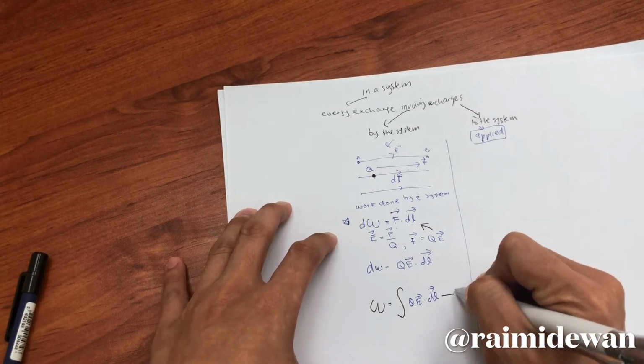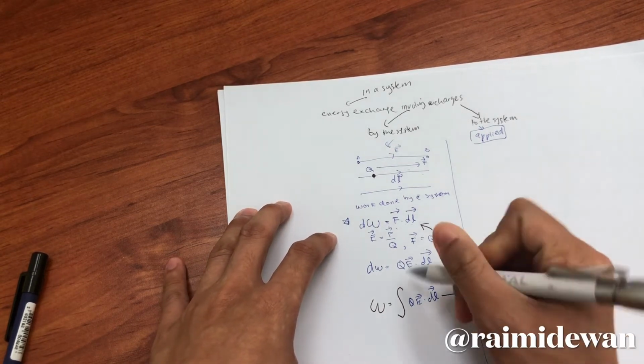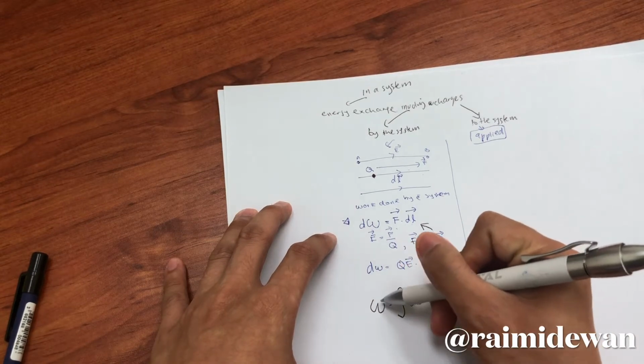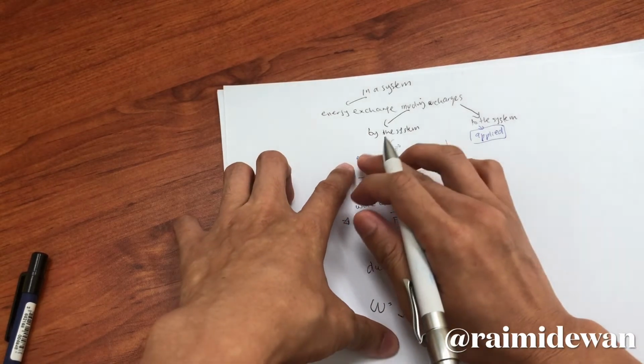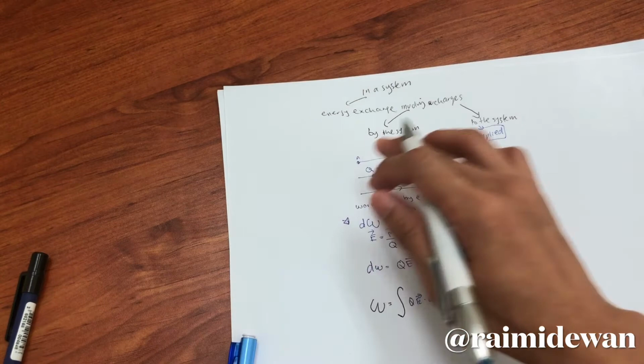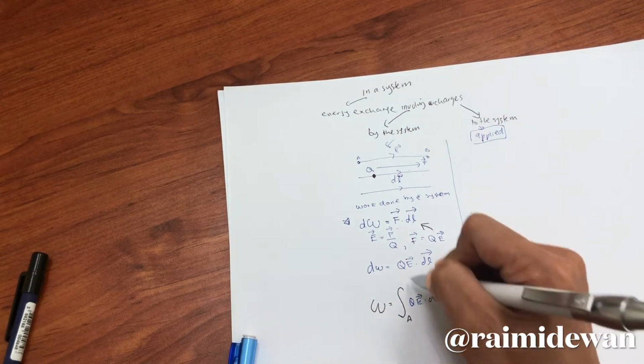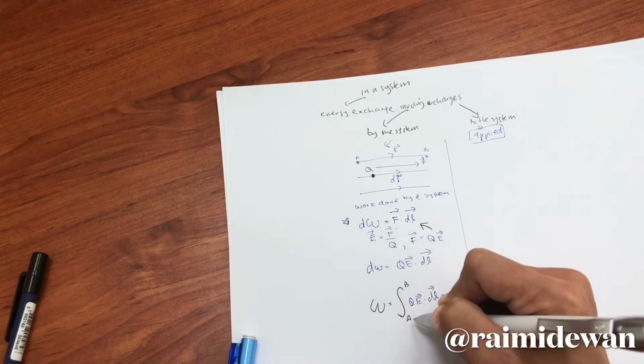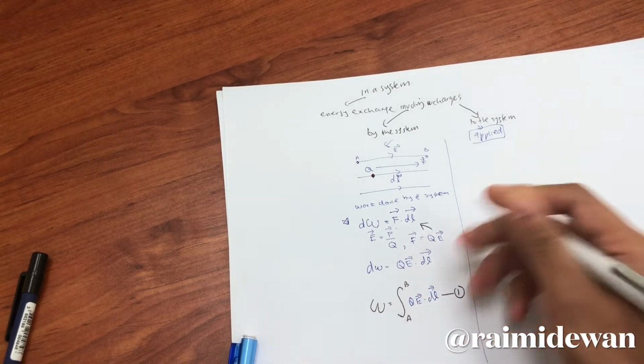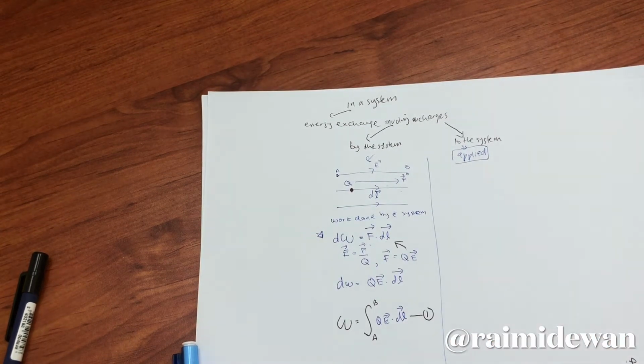Say this is your equation 1. You see the work done here is the total from moving the point charge from point A to point B. So you have to know your limits, the lower limit and the upper limit.